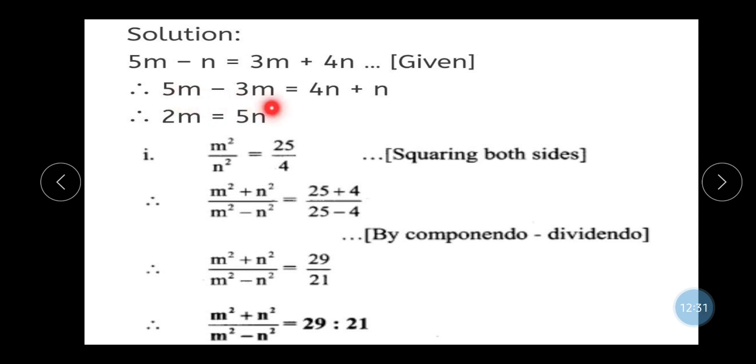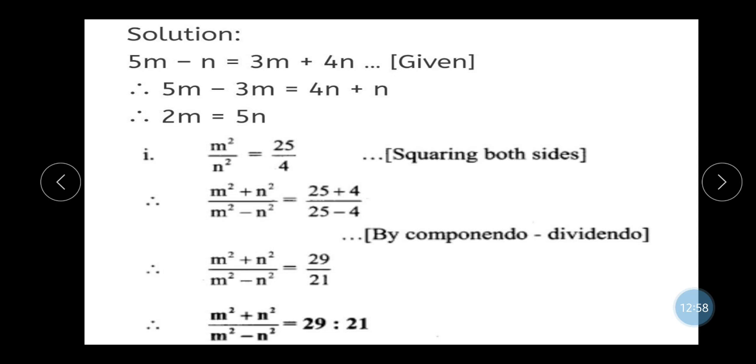5m minus 3m is equal to 4n plus n. So 5 minus 3 will give us 2, and m is the common variable, is equal to 4 plus 1, here nothing is there so obviously 1, 4 plus 1 will give us 5, and n as common. So what we get here is 2m is equal to 5n.